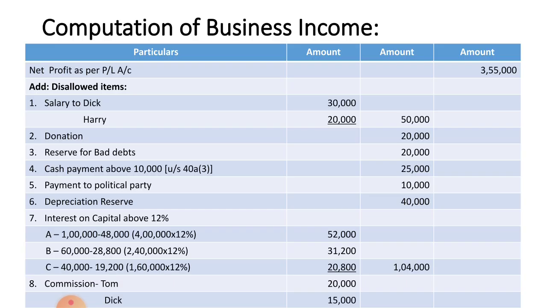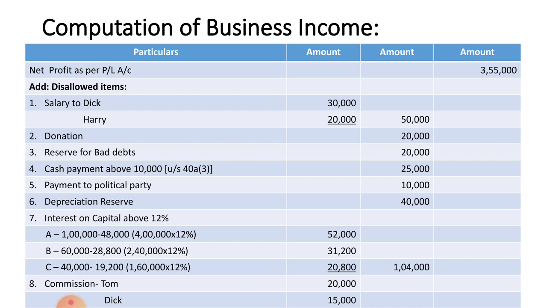First you have to calculate business income. To calculate business income, to the net profit you have to add disallowed items and you have to deduct allowed expenses and income from all other sources. You get book profit. From that you have to deduct remuneration to working partners, you get business income.